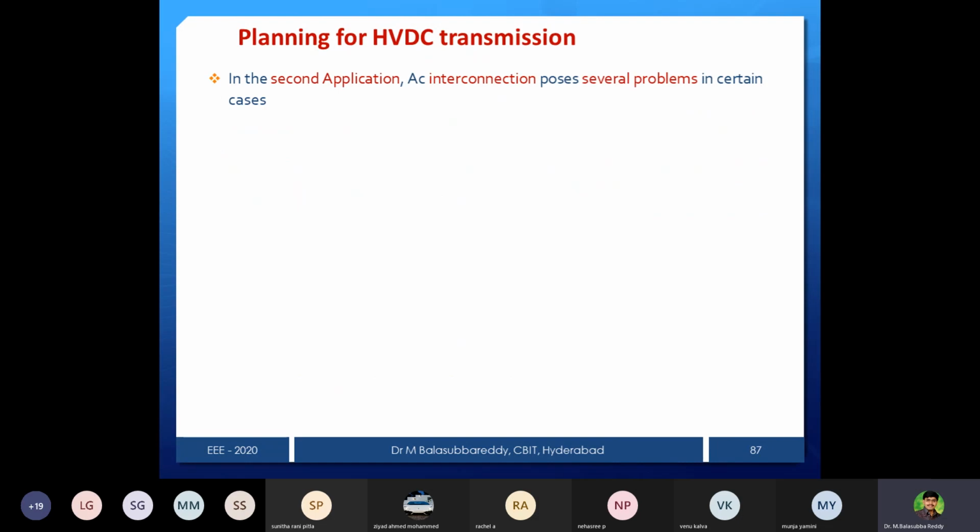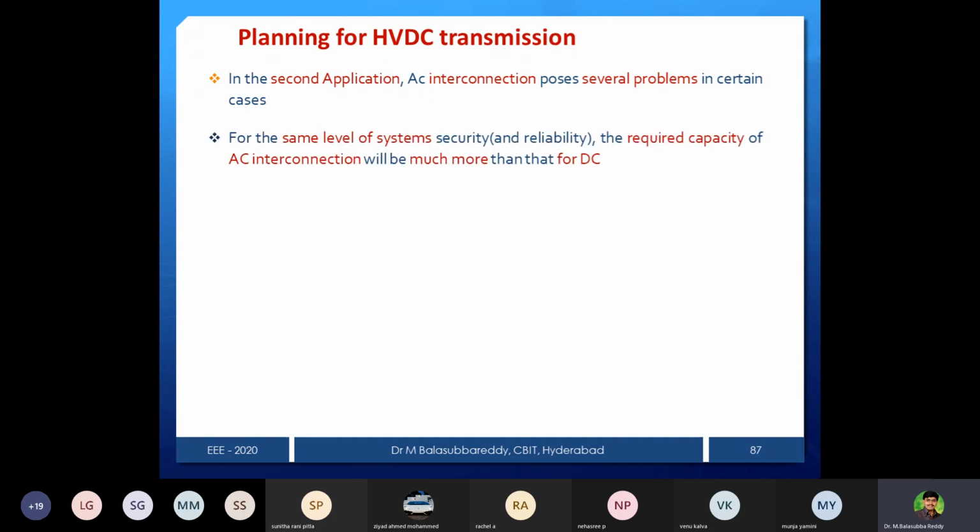And in the case of the second application, what is the second application? Interconnection. The first application is long distance bulk power; there the cost comes into the picture, but not much of the technical aspect. Whereas here, in the case of the second application, AC interconnection poses several problems in certain cases.